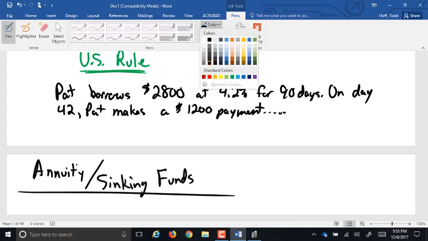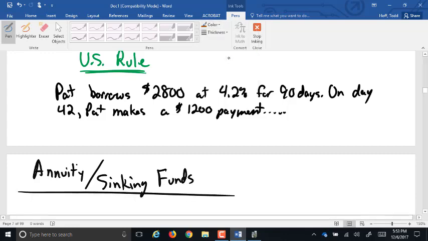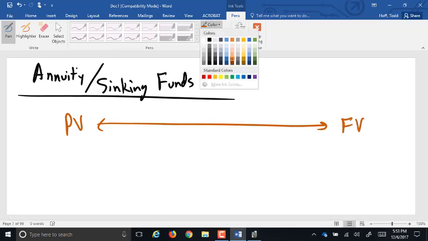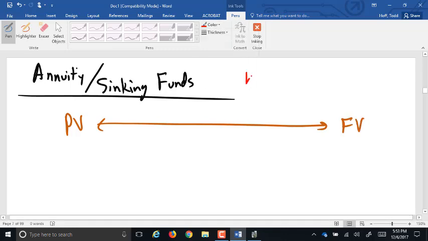Annuity and sinking funds. In these, we have a present value. Oftentimes, and we are going to have a future value. Oftentimes, either the present value or the future value is zero.